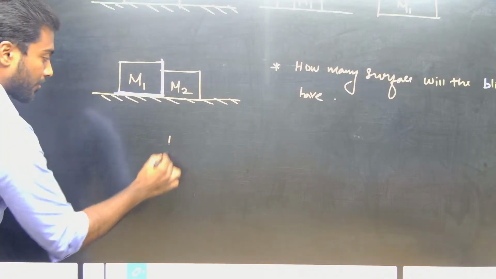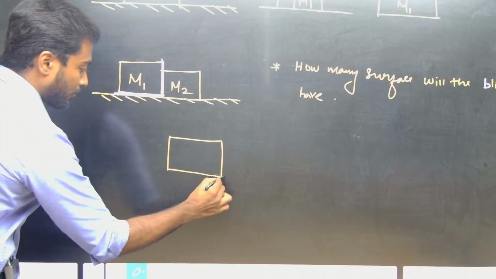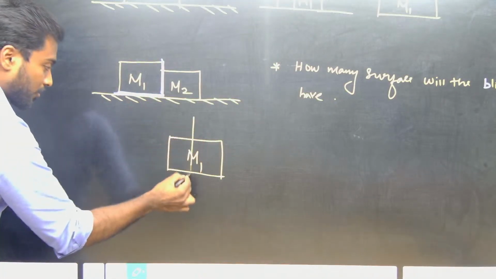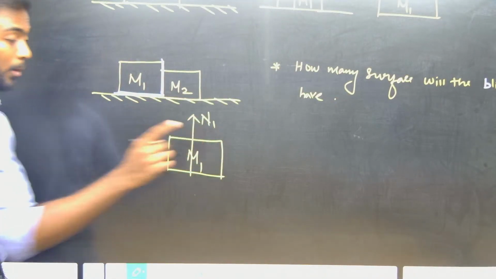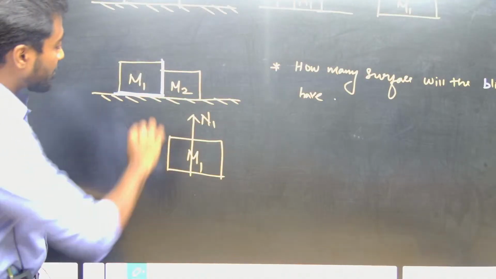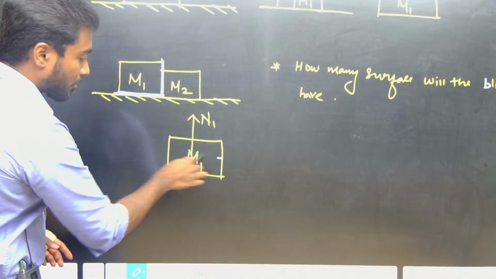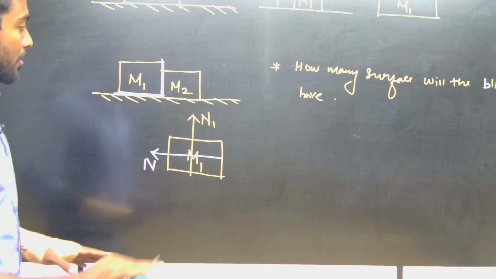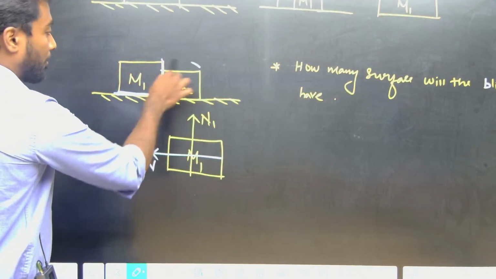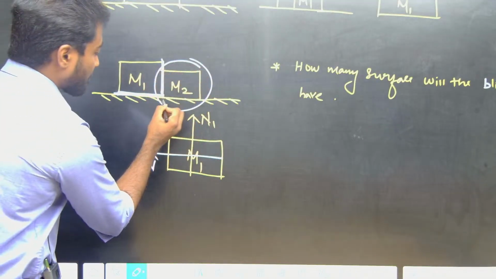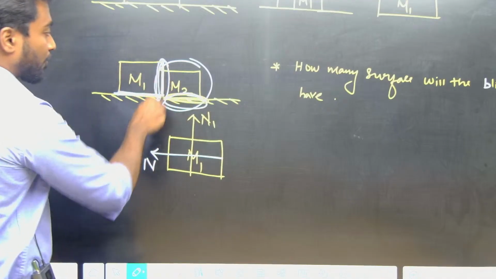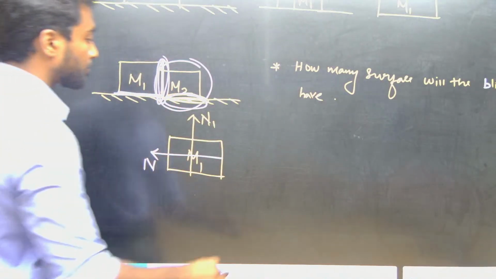So this is my M1, and this is my N1. Similarly, this is my normal for M2. When I talk about M2, this is my ground, and one more surface is there with respect to M1.